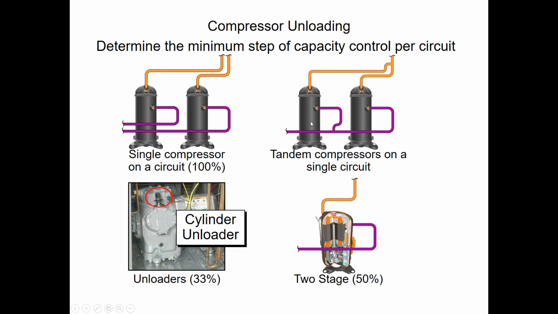So in a tandem compressor circuit, if this one's off, you're only running 50% capacity, not 100%. So we look at the 50% capacity, and what does that mean? 50% of what? 50% of a 50-ton, 50% of a 20-ton. The math is simple to calculate, but we need to know what those minimum tonnages are to address our vertical sections.